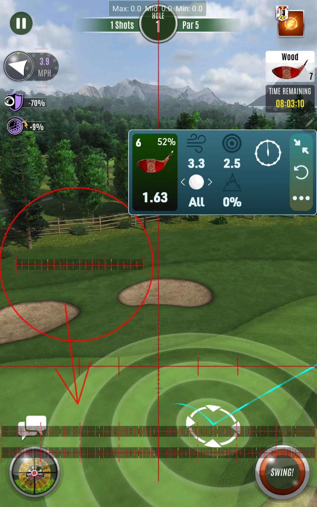So how do we do that? We know that 70 is equal to 52%. So it's 52 over 100, 70 over X. So it would be 700 or 7,000, depending on how you want to do it. 700 divided by 52 is 13.4.